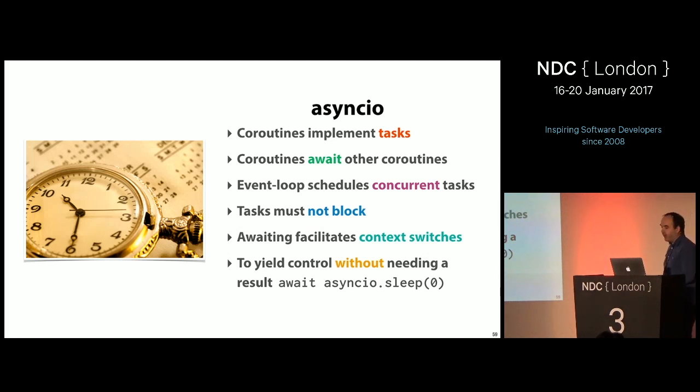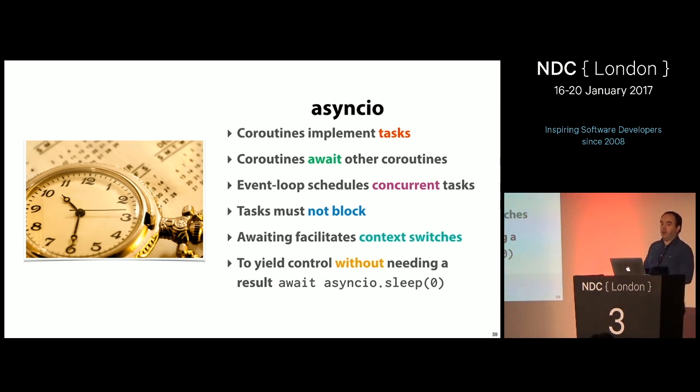Okay, so let's get into some more details of some of the things we've established about asyncio by building a fake asyncio. So coroutines implement tasks. Coroutines await other coroutines. The event loop schedules concurrent tasks. Tasks must not block. If your task blocks, everything blocks.